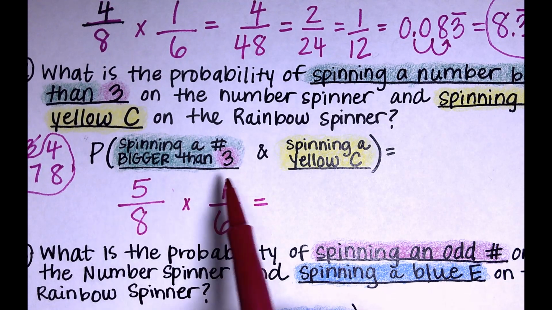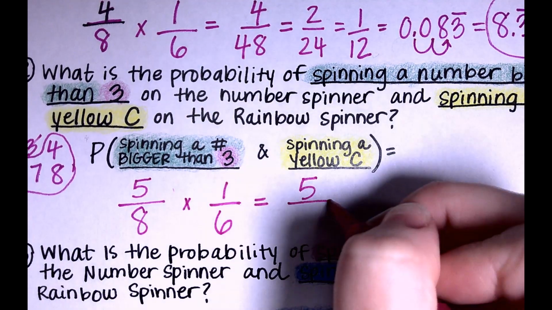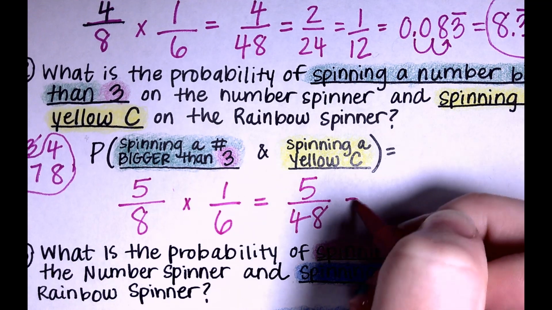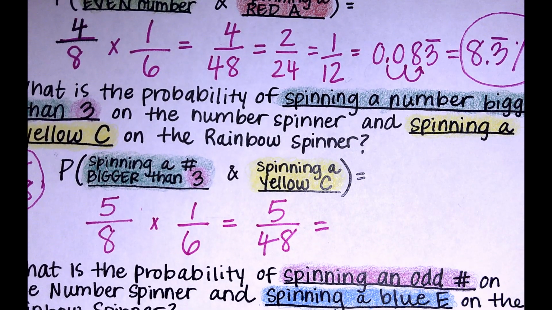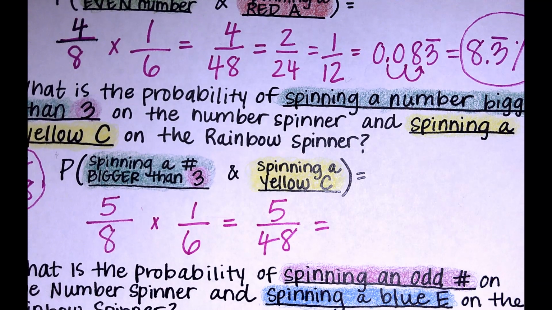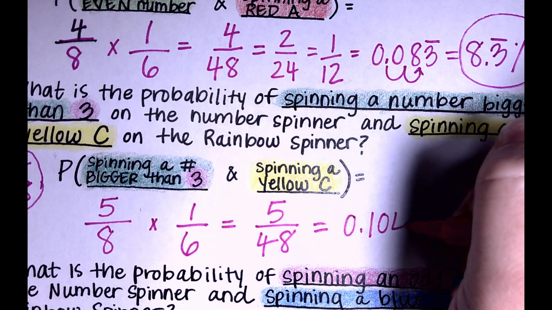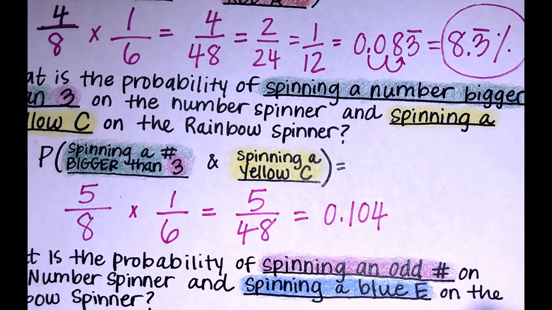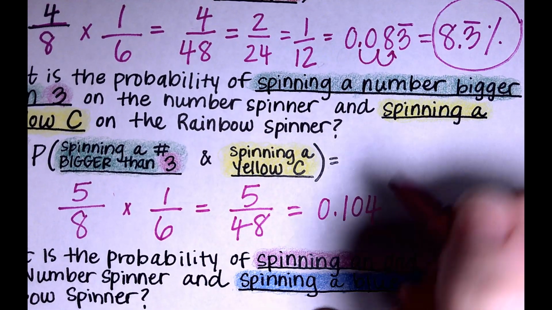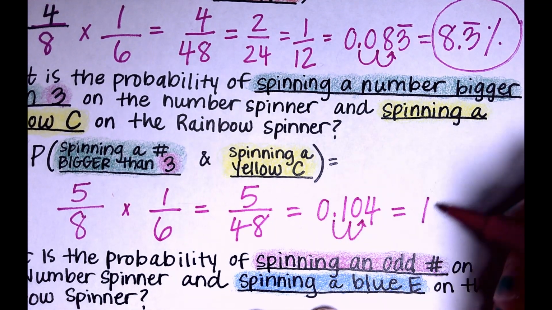Okay, so 5 times 1 is 5. 8 times 6 is 48. What's my decimal? 0.104. Perfect. And my percentage? 10.4%. Move it 2 spaces. 10.4%.